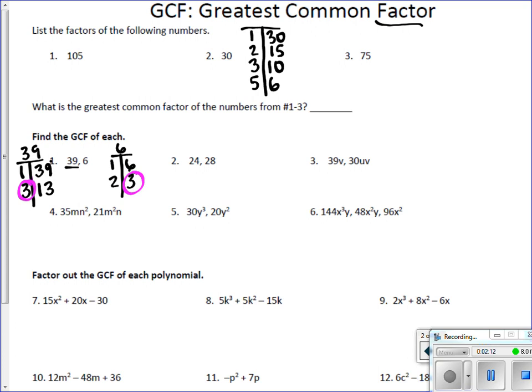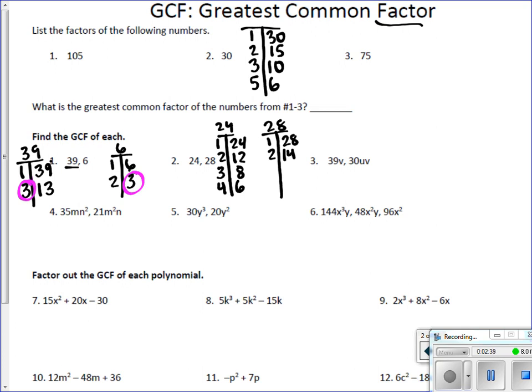If you look at number 2, numbers that multiply to give you 24: 1 and 24, 2 and 12, 3 and 8, 4 and 6. Numbers that multiply to give you 28: 1 and 28, 2 and 14.